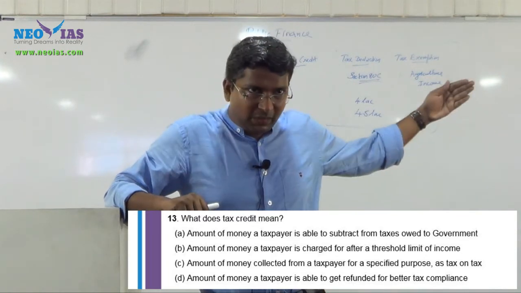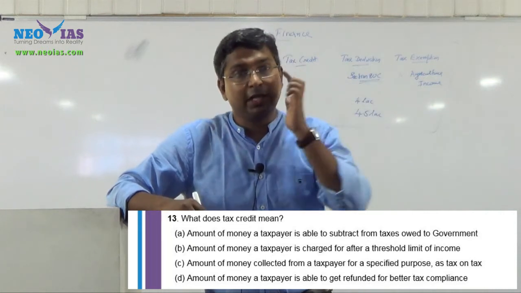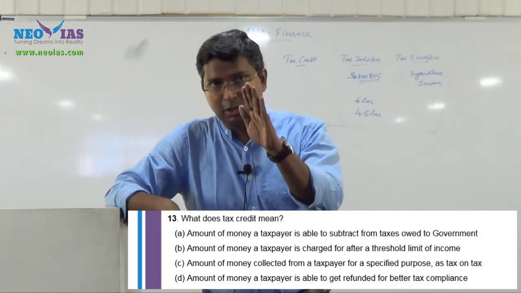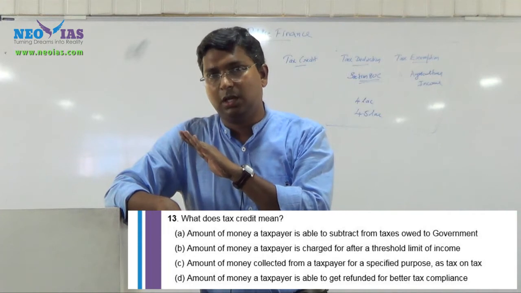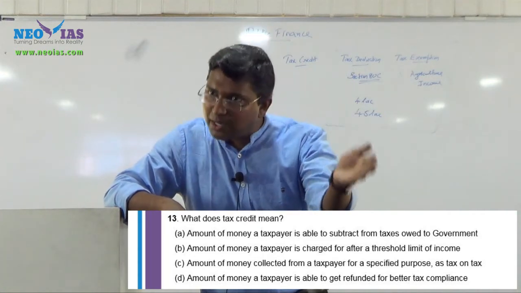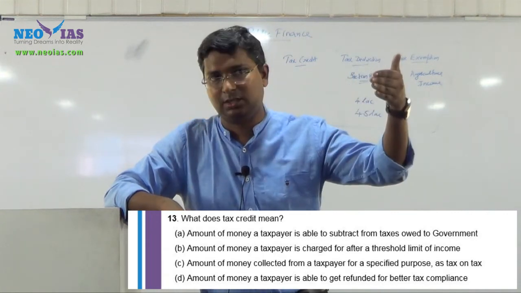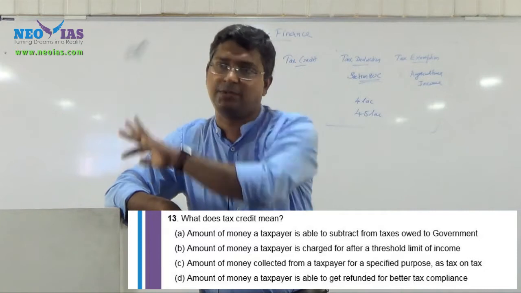Similarly, in the case of tax exemption, think about a corporate whose income the government has provided tax exemption for. So he is making a profit from it, but the government has provided tax exemption to it. But he has other incomes.